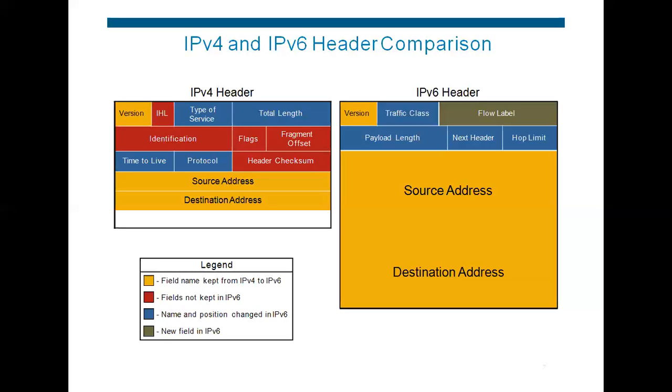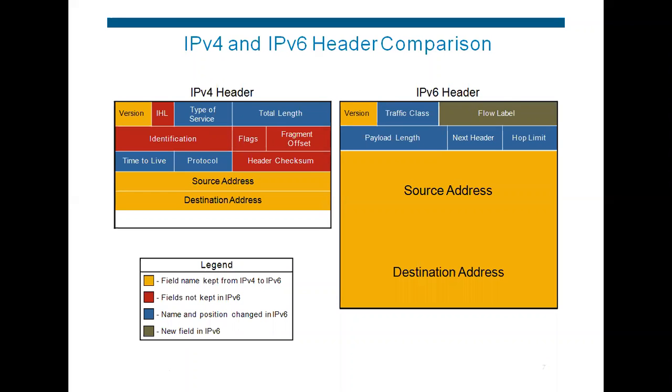Second one is identification. That identification field is also removed from IP version 6. Identification will be carried out by the upper layer, like the transport layer. Then flags and fragment offset are also not utilized here.